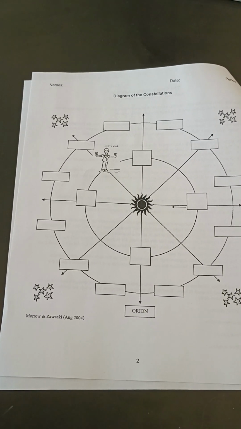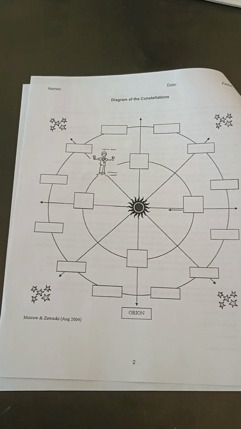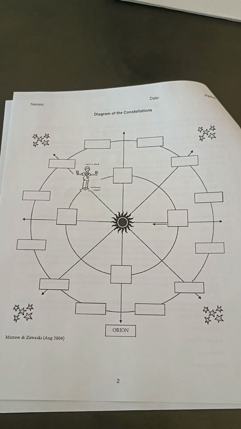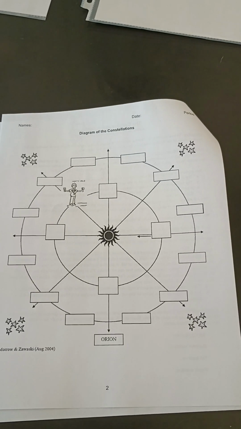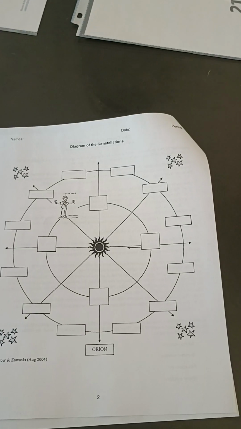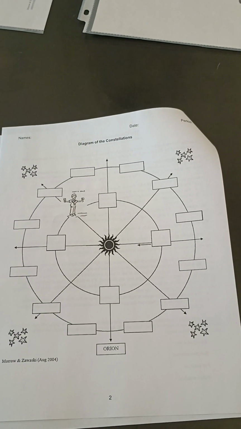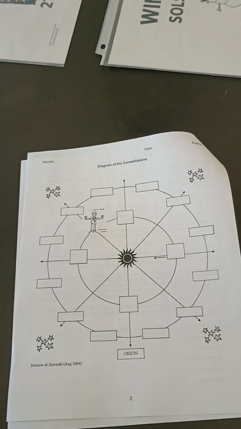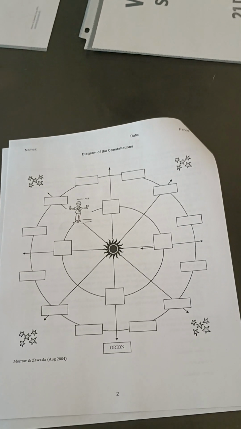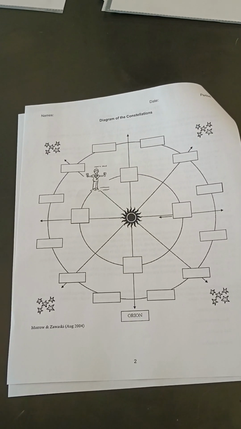Now, in the middle of the room, which I do not have up yet, you will see the sun, on a big pole. You can kind of see that. So the center of the room represents the sun. The constellations on the walls represent the celestial sphere and the locations of the constellations.